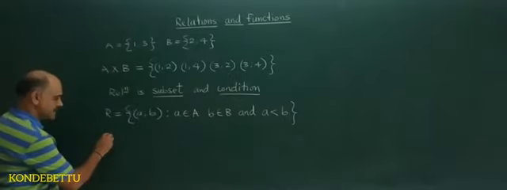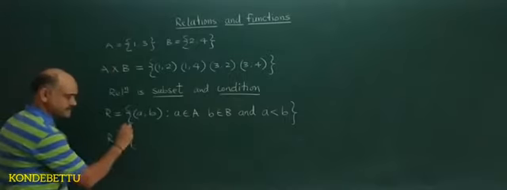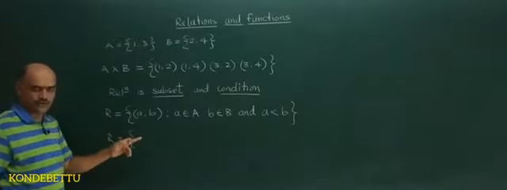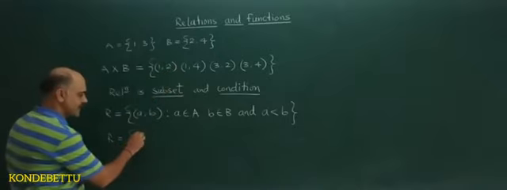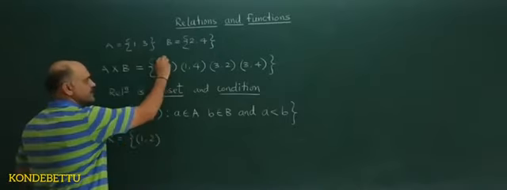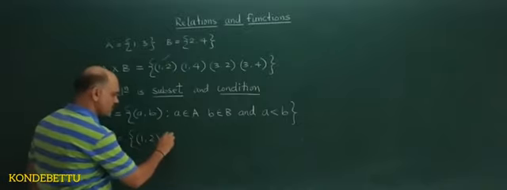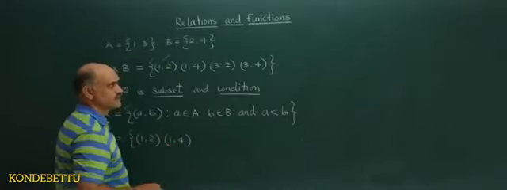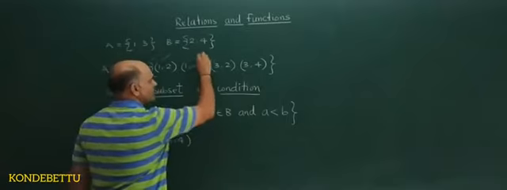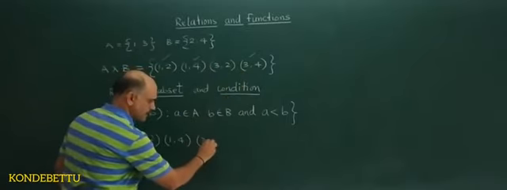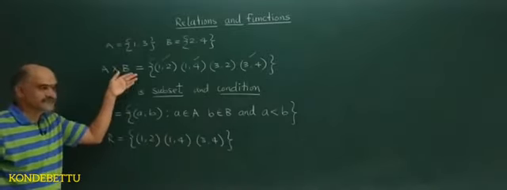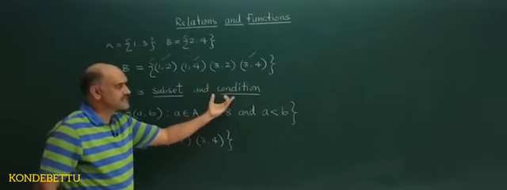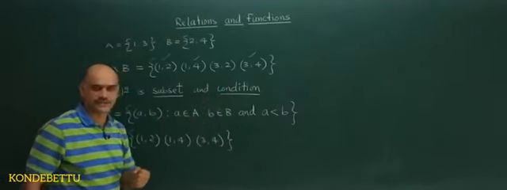Now which elements will you have in the relation, can you tell me? It is a subset of A cross B, and the condition is the first element should be less than the second. So you will have (1, 2), similarly (1, 4), and the third one (3, 4). Such sets we call a relation: a subset of A cross B satisfying a certain condition.